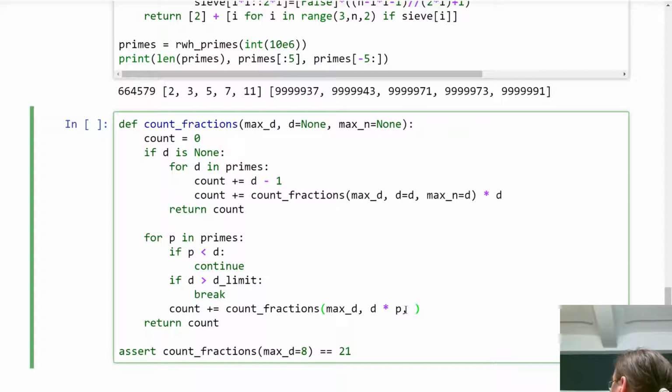Any natural number is a product of primes A, B, C to the power of R for the A. Let's say 3 squared, 5 to the power of 1.